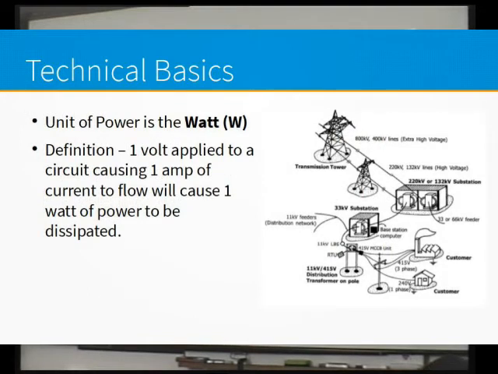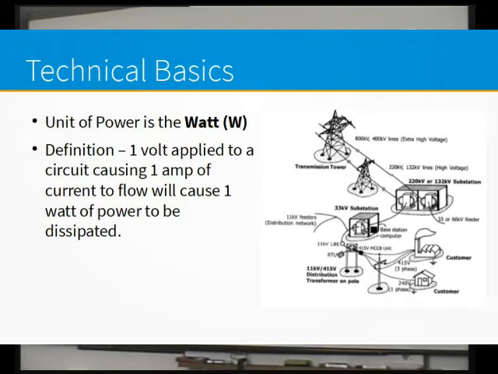Now, the unit of power, so I talked about that power dissipation in resistors, is the watt. A good example is the urn, which has a rating on it of, I don't know, 1200 watts.